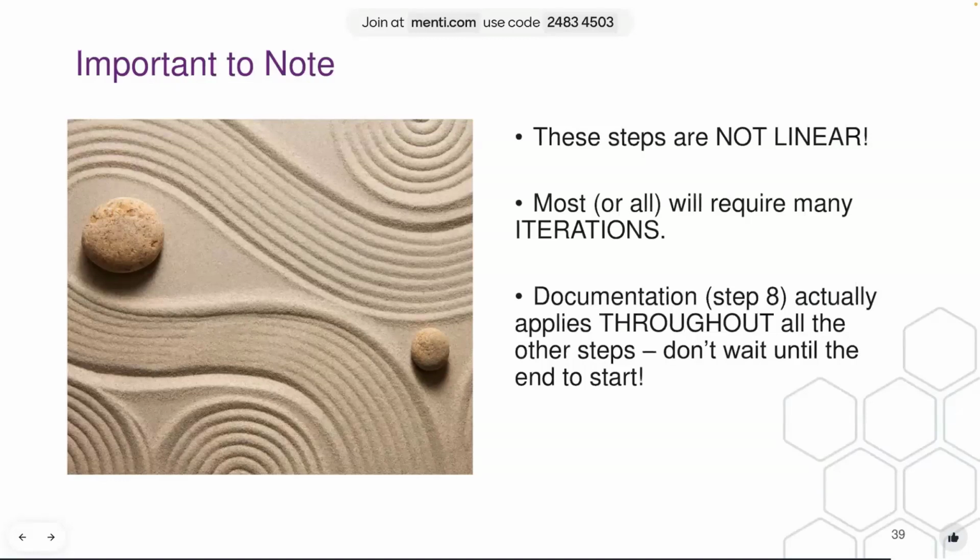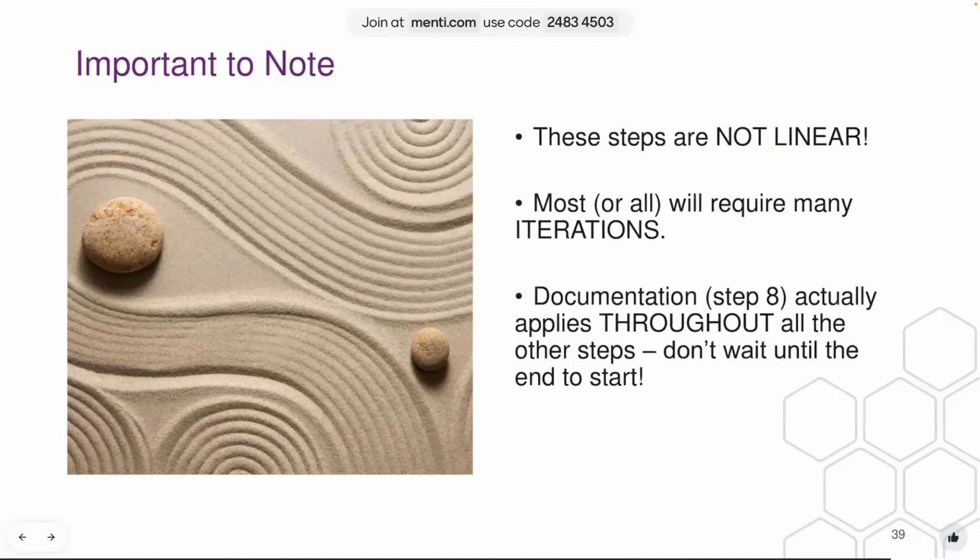And when it comes to computational social science projects, most or all of them are going to require many iterations. And that means you're going to need to revisit certain steps. So maybe you'll come up with a research question in step 1, but after you've actually explored that problem further in step 2, you might want to jump back to step 1 to then reformulate that research question in light of something that you've read.